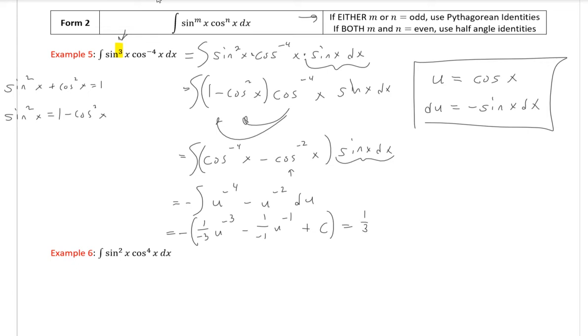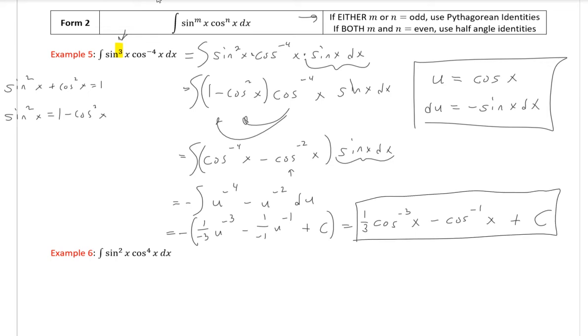U is cosine, so that's cosine to the negative third power x. This is negative, makes it positive, but the other negative makes that overall negative. Minus cosine to the negative 1 x plus c. And that'd be our overall solution.